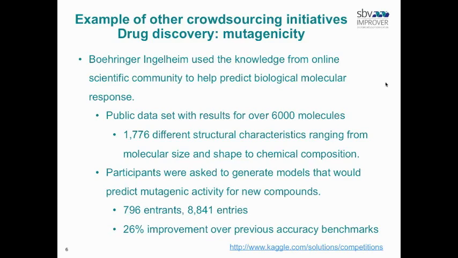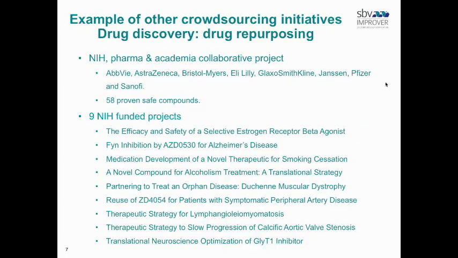Another example of crowdsourcing is a collaboration between pharma and academia. Recently, several pharmaceutical companies selected 58 compounds that were proven safe, so they went as far as phase 2 of clinical trials, but these compounds were then deselected as they were not effective for the indication that they were tested for.